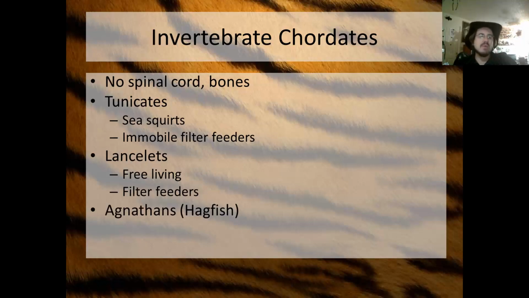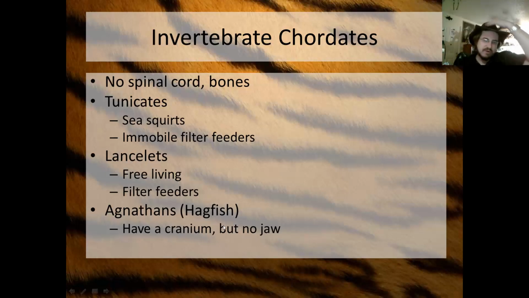And finally, what we call the agnathans, which are hagfish. And they have a cranium, they have a skull, but they don't have a jaw, and they don't have any bones past the skull. So that's kind of weird. So we call them invertebrate because they don't have vertebra past their cranium. They just have bones for their cranium, their skull, but no jaw bones. So that's kind of neat.